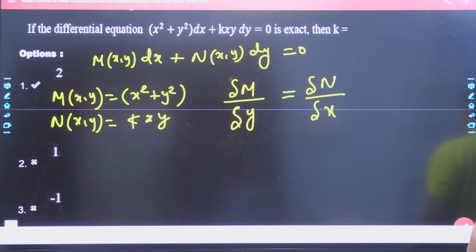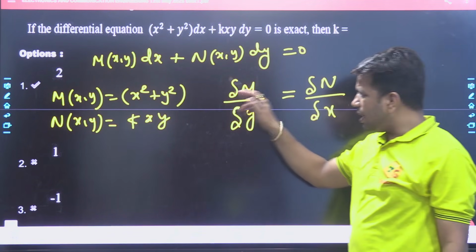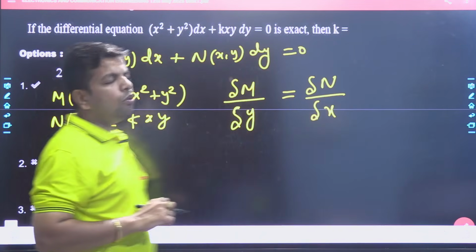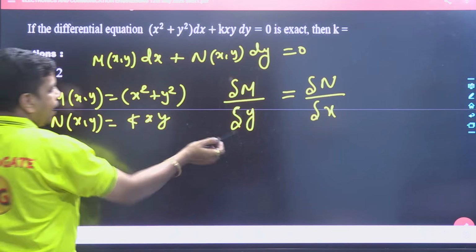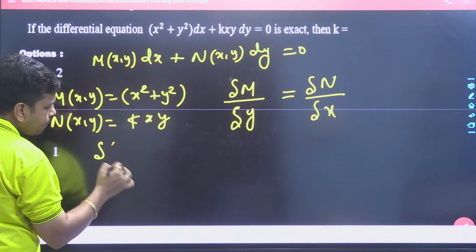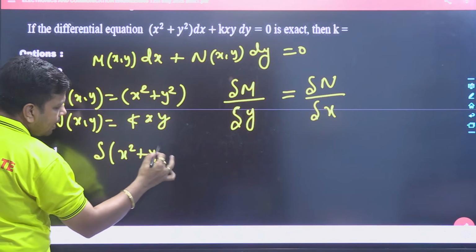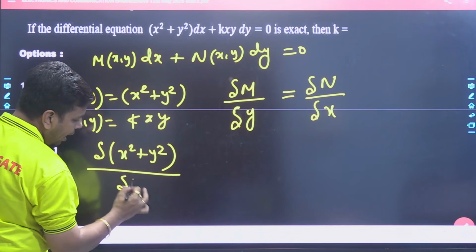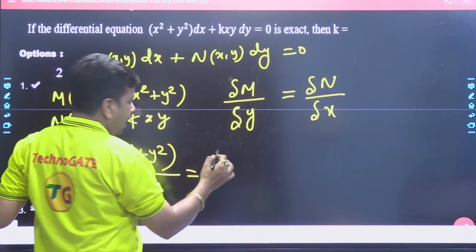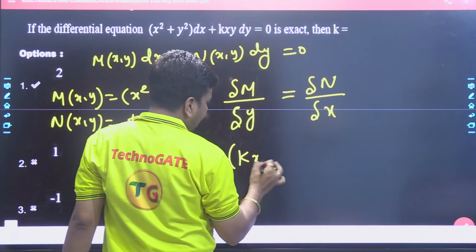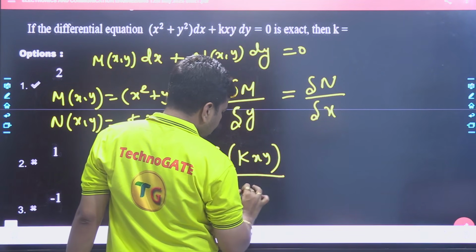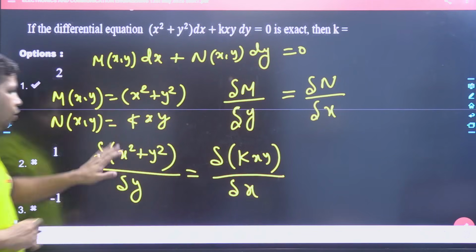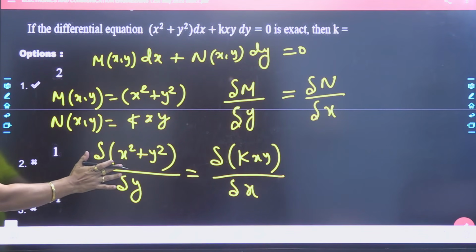Okay, so let's compute the partial differentiation. We have del of (x square plus y square) by del y, and this is del of kxy by del x. We need to differentiate the first with respect to y.